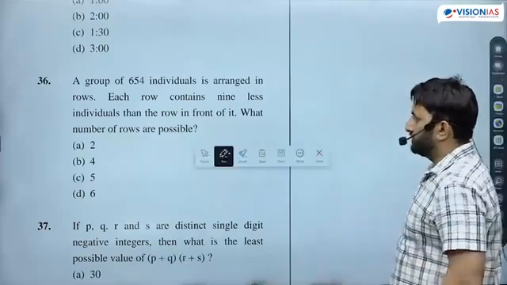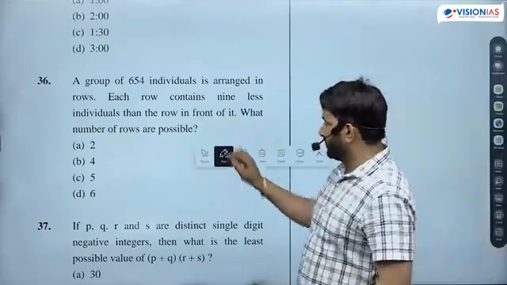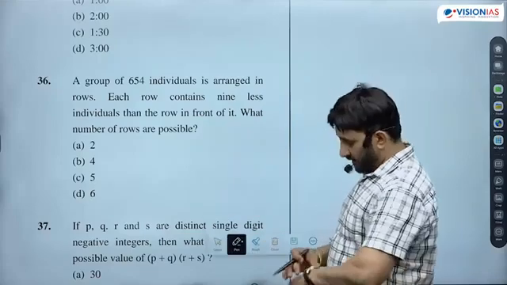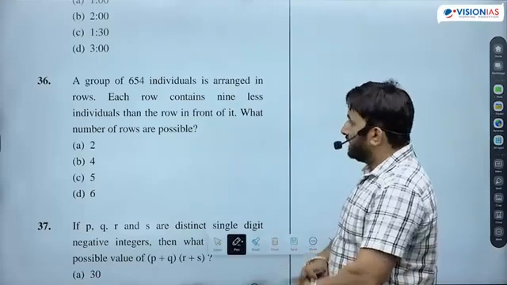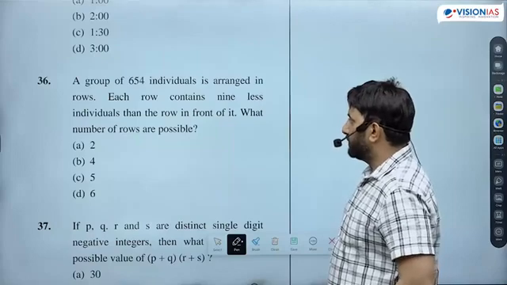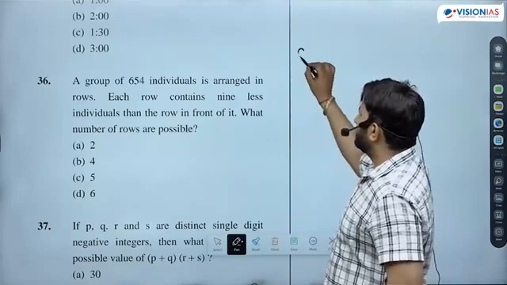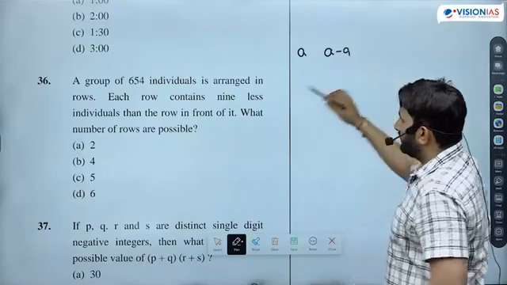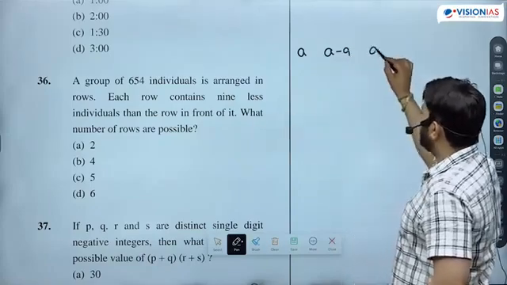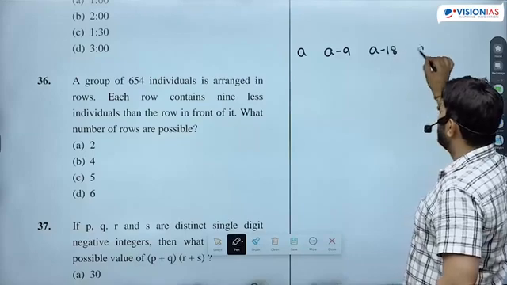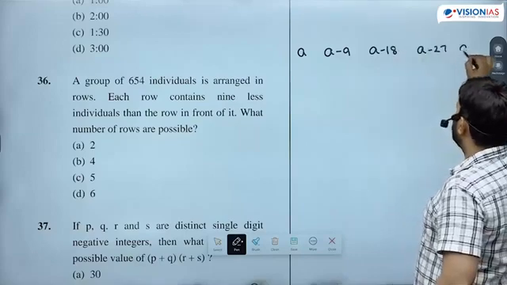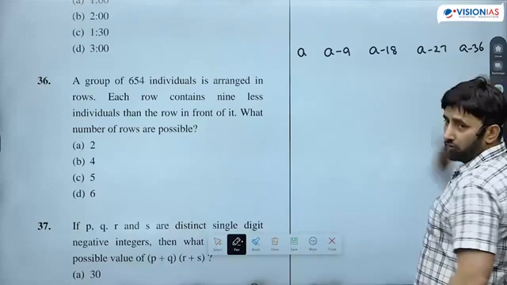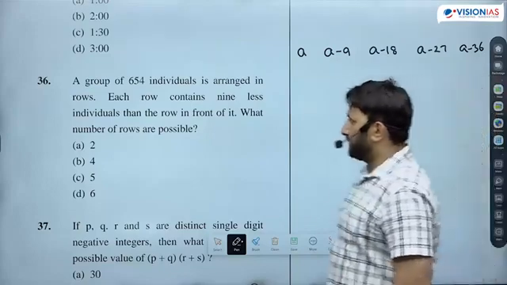A group of 654 individuals is arranged in rows. Each row contains 9 fewer individuals than the row in front of it. Let the first row have A, next will have A minus 9, 9 less na? Next will have A minus 18, then A minus 27, A minus 36 and so on. 654 is the total.